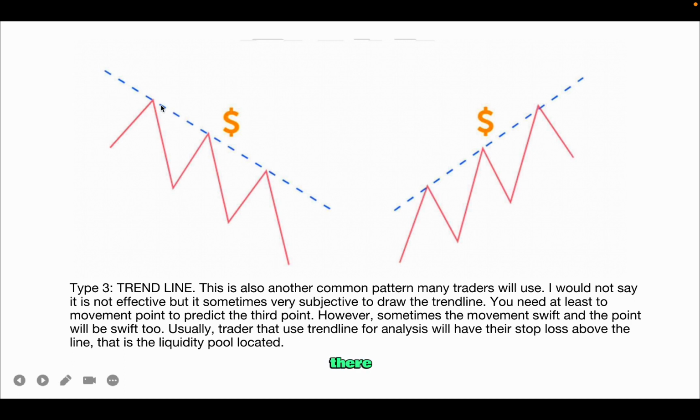So when there is a trend line, no matter if it's bearish or bullish, we will know that above the trend line we have the liquidity area, right? Because this is also where traders use the trend line for their analysis and place their stop loss, right?